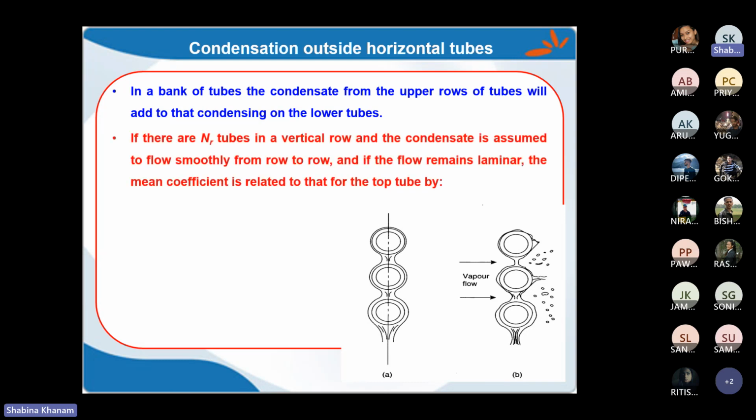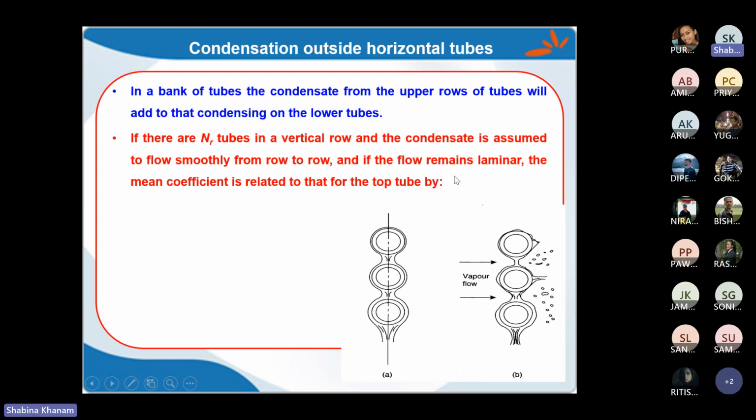In that case, if there are NR tubes in the vertical rows, as we have discussed NCV and NWV in Bell's method, in a similar line I am having this NR. This is the number of tubes in the vertical row, and the condensate is assumed to flow smoothly from row to row.